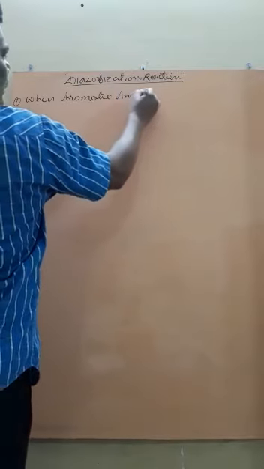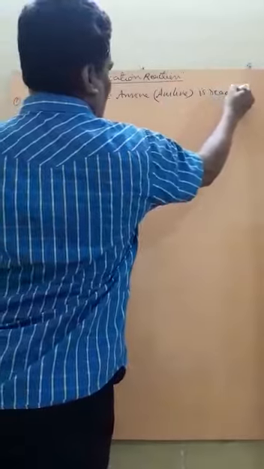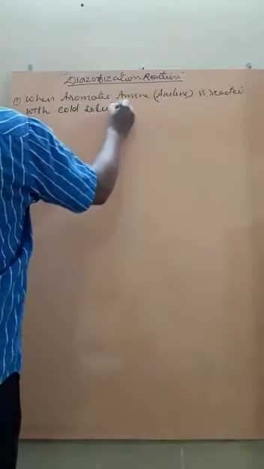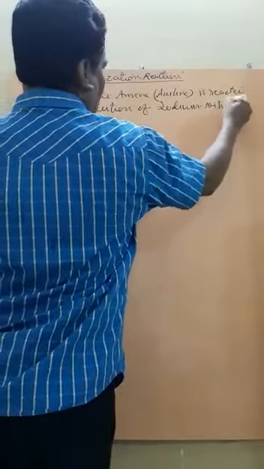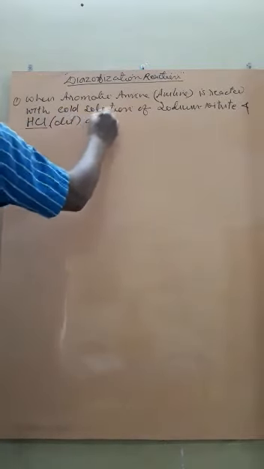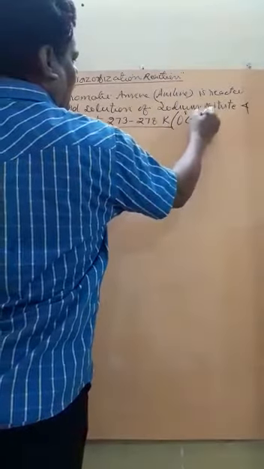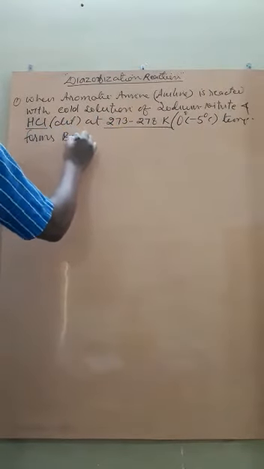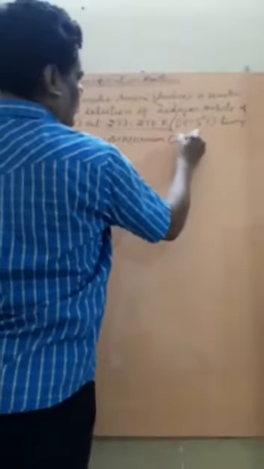When an aromatic amine, that is, you can call it simply aniline, is reacted with a cold solution of sodium nitrite and hydrochloric acid, which is dilute hydrochloric acid at 273 to 278 Kelvin, that is 0 degrees Celsius to 5 degrees Celsius temperature, it forms benzene diazonium chloride salt.